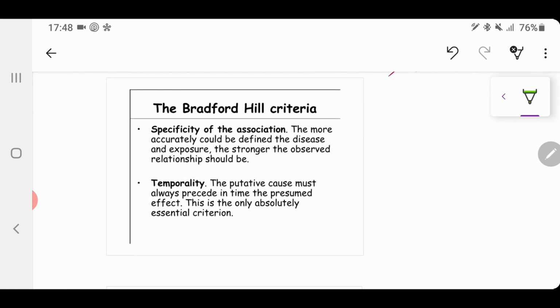Specificity of the association. Now this basically means the more accurate the exposure is, the stronger the relationship is.